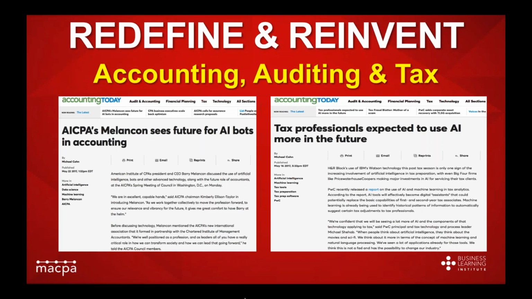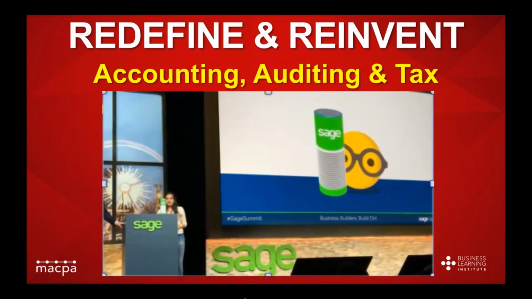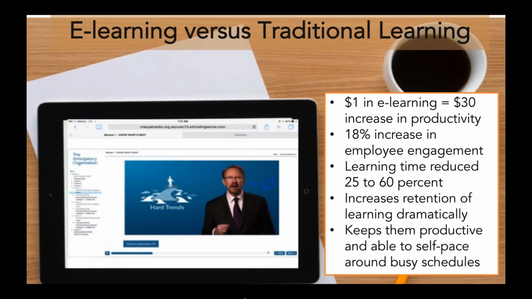Here's a couple more things about what's happening in our profession. AI bots in accounting, tax professionals are going to be using more of this stuff. It'll be baked into the software that you're using. We talked about the bot that we saw that was actually live interacting through Alexa. So you're going to see this stuff happening more and more. We've actually been disrupting ourselves with e-learning. This is our anticipatory organization learning system.